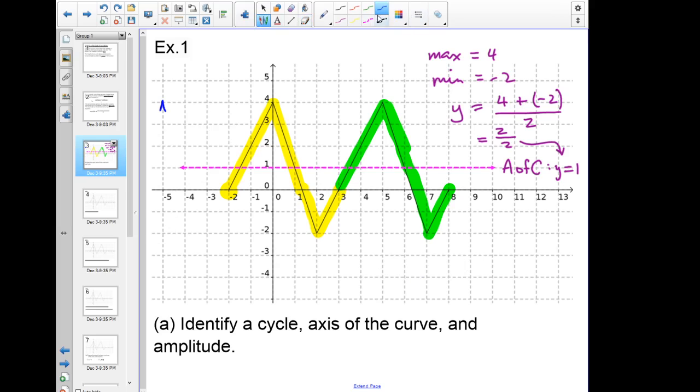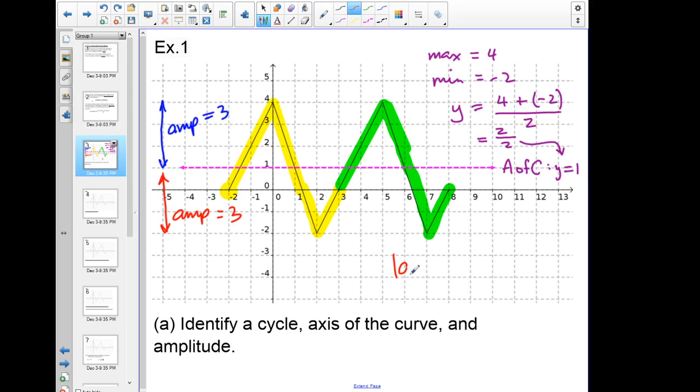The amplitude is instead from the middle, from the axis of the curve to the maximum, which is 3. Or we could also represent it from the middle to the minimum, which is, once again, 3. Whether you measure it from the top to the middle or the middle to the bottom, it's still going to be an amplitude of 3.